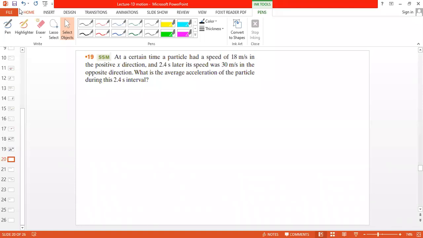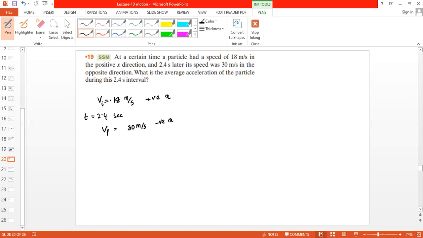At a certain time a particle has a velocity of 18 meters per second, let's say along the positive x direction, and 2.4 seconds later its final velocity is 30 meters per second along the negative x direction.